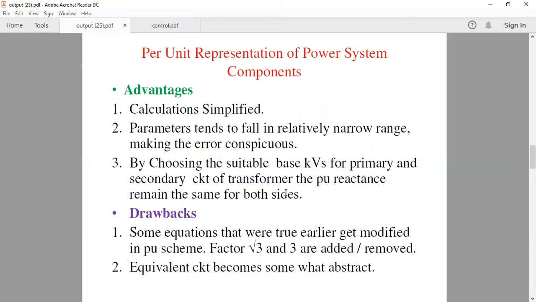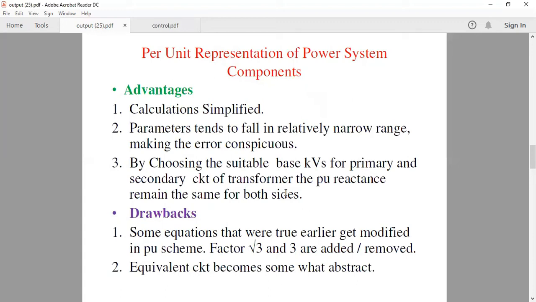So as we are converting it onto a per unit value, or say the percent value, its value becomes very small as compared to its original value. So it is much easier to reduce the errors in the calculations.